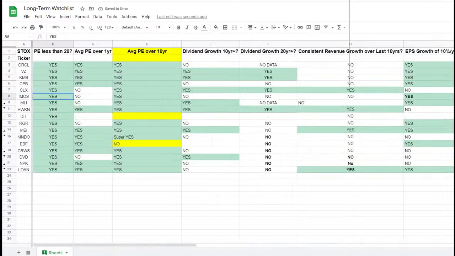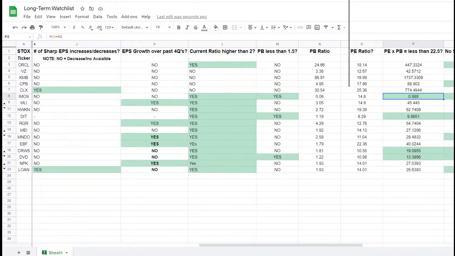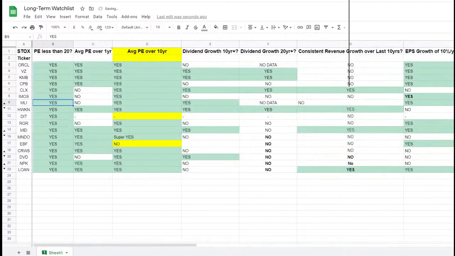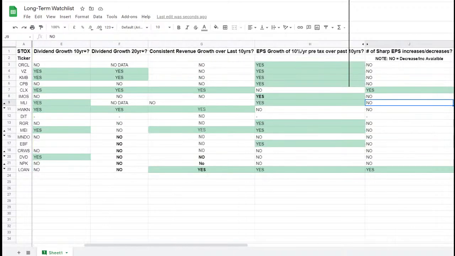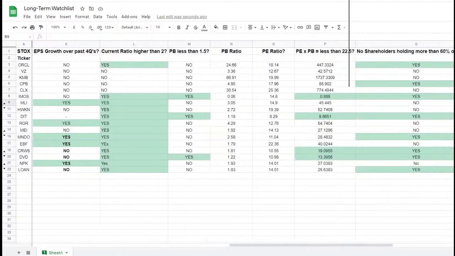Awesome, another 6 that we have in our hands. IMOS, 1, 2, 3, 4, 5, 6, 7. Ooh, not bad with IMOS. Next up MLI, 1, 2, 3, 4, 5, 6. Another 6. Not even surprised.